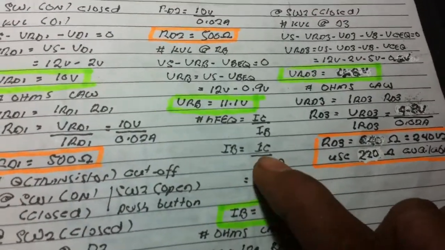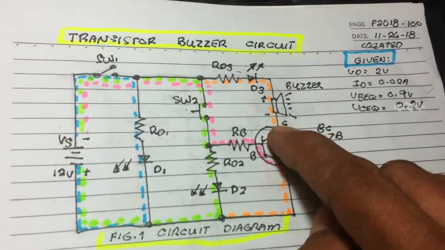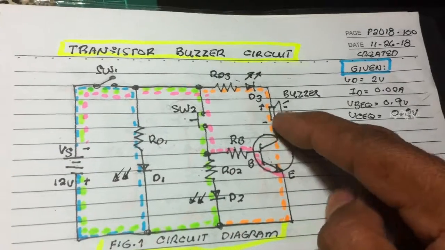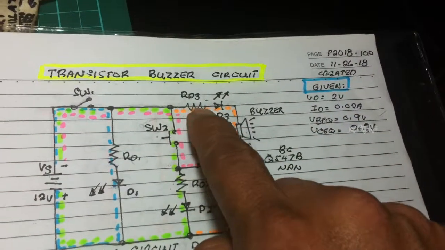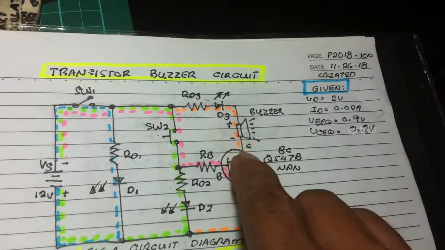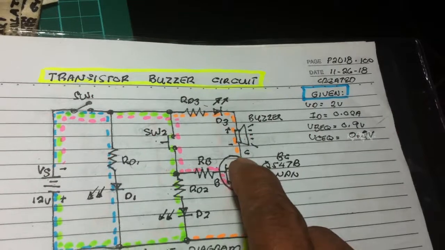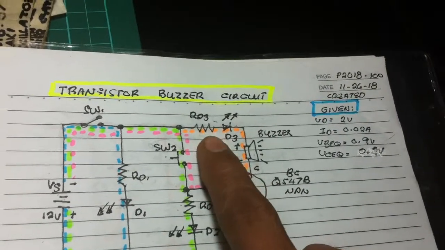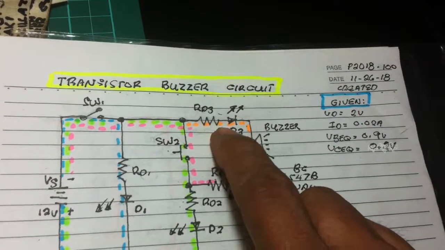IC, the current at the collector, is equal to 0.02 ampere. Since the current in series is equal, the collector current is equal to the current rating of the LED because they are in series.